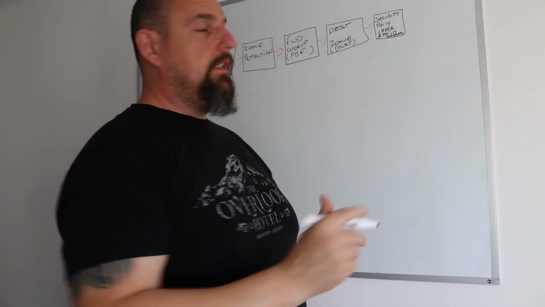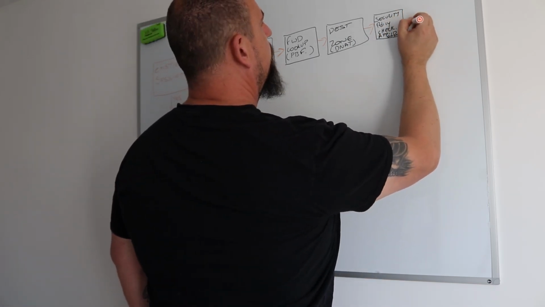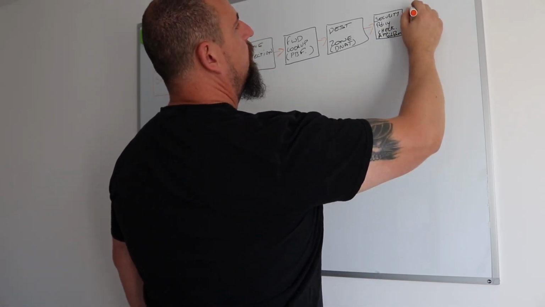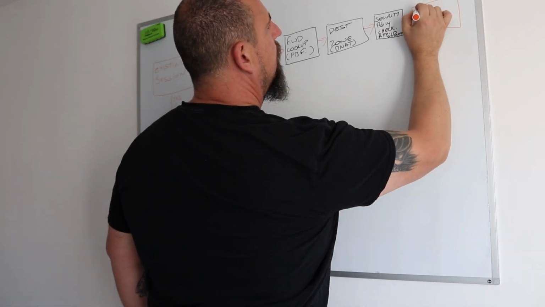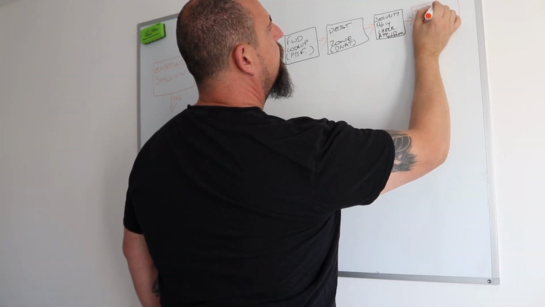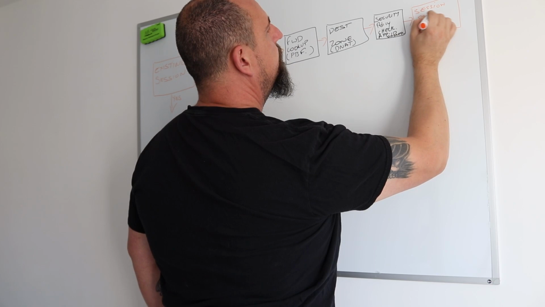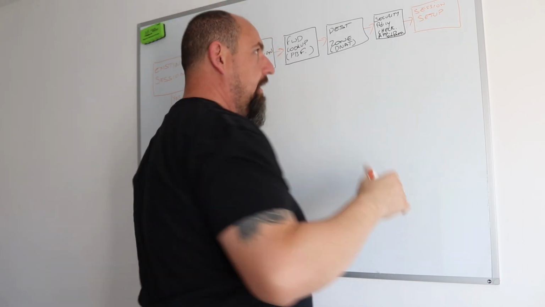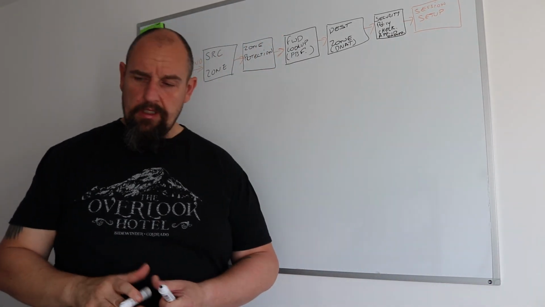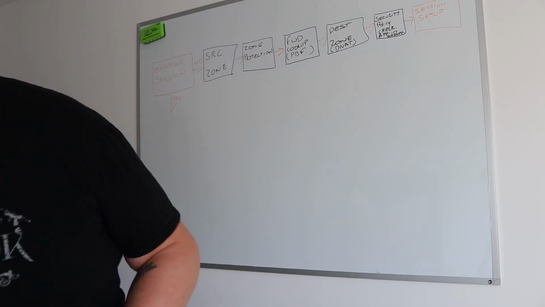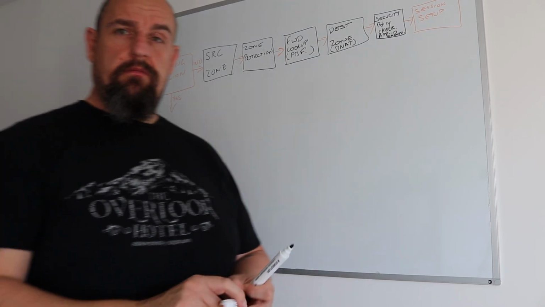Assuming all is well and it's allowed through, then we have, I'll do this in orange, session setup. And now we have a session. So now that we've got this session, it's assigned the session ID.